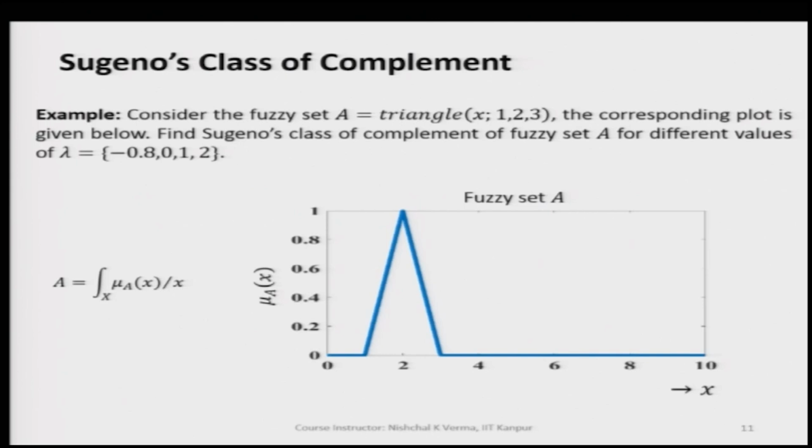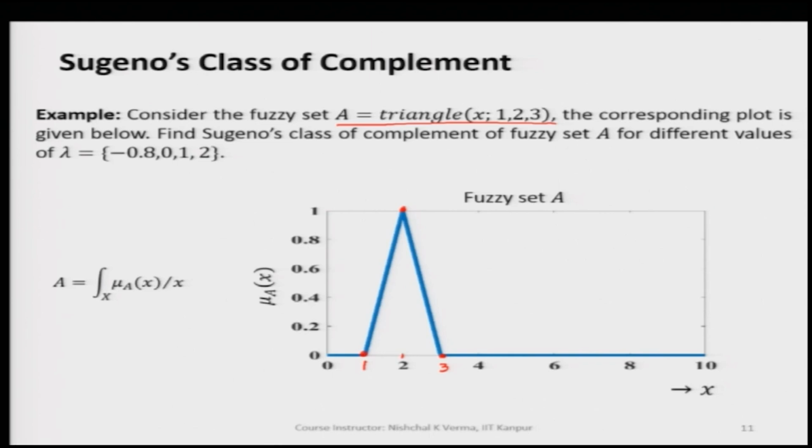Now, let us take another example here. Earlier we took the example of a discrete fuzzy set. Now, we take the example of a continuous fuzzy set, which is a triangular fuzzy set whose vertices are at 1, 2 and then 3.